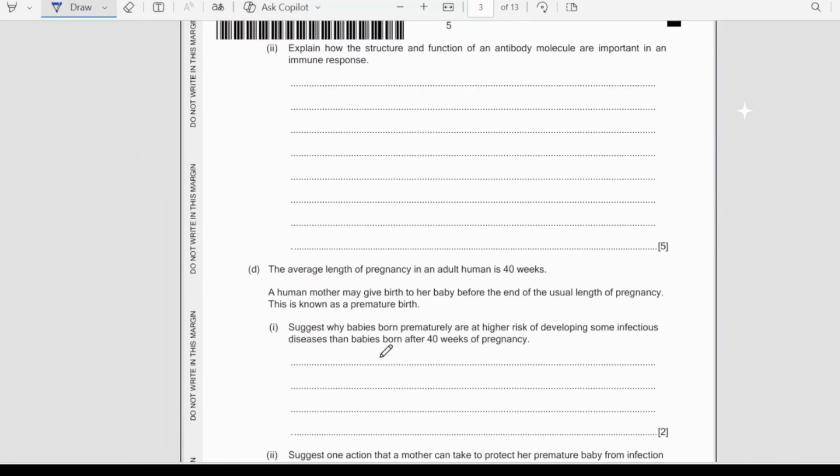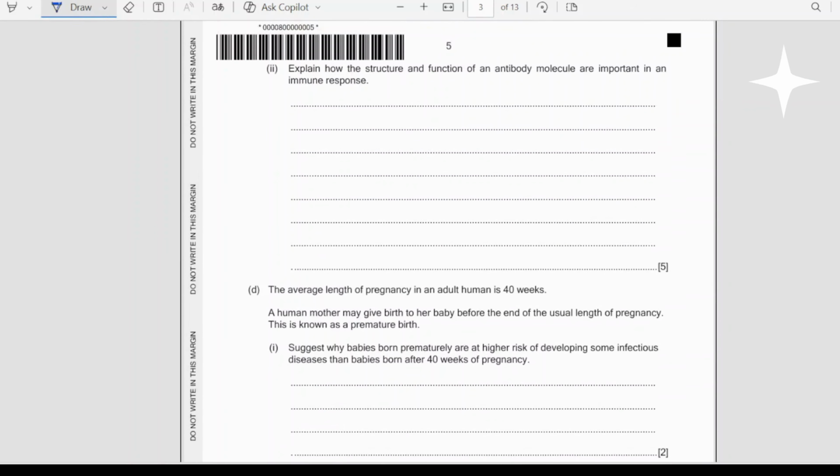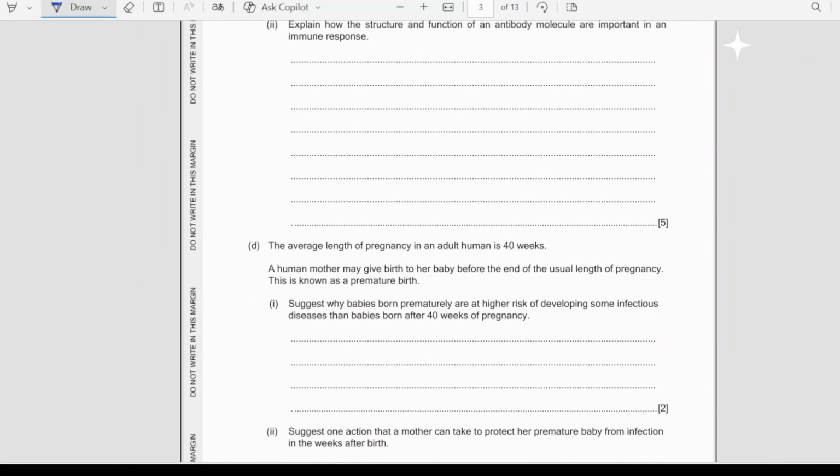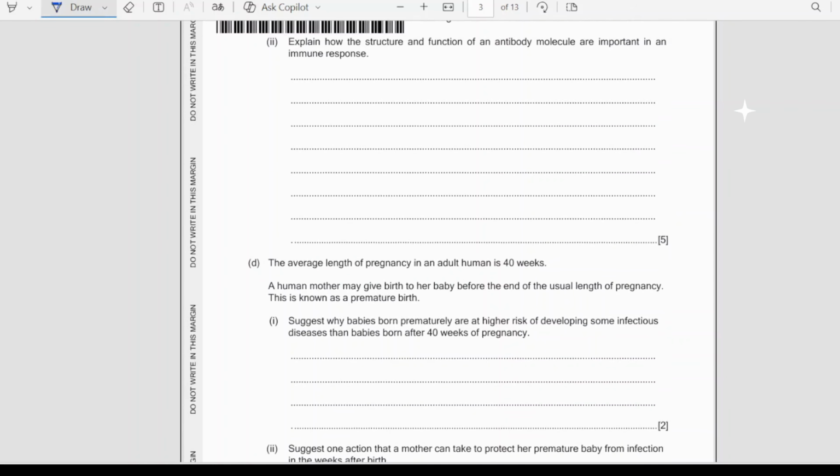Next one is: explain how the structure and function of an antibody molecule are important in an immune response. Like why the structure is so important for its functioning.